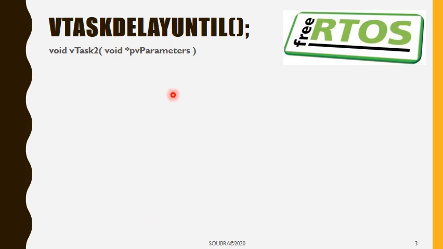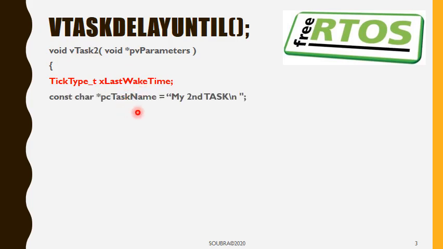All right, so let's check an example here, and we're trying to implement a periodic task. So we are saying the body of task number 2. You can see that I'm defining the timestamp here called last wake up time, and I'm having some kind of string here that most probably I'm gonna spit out on the screen.